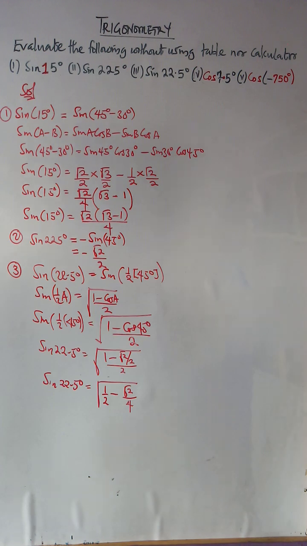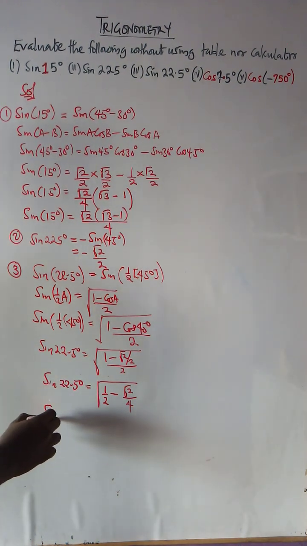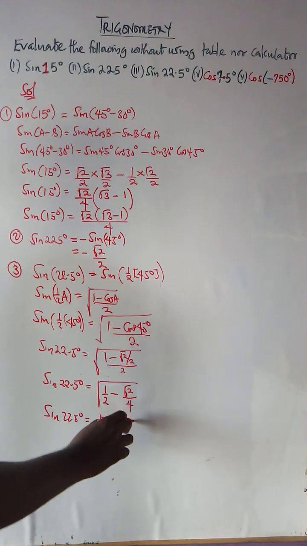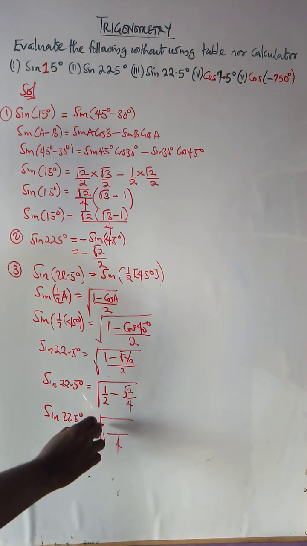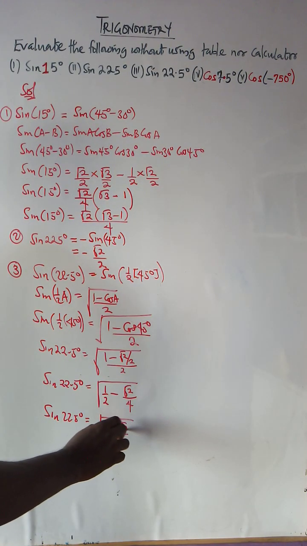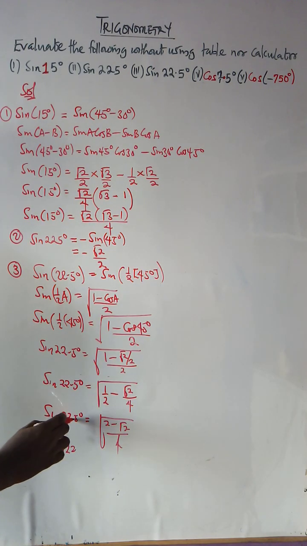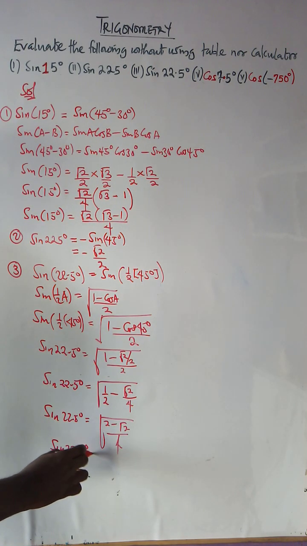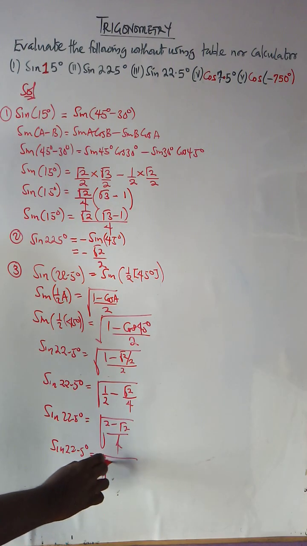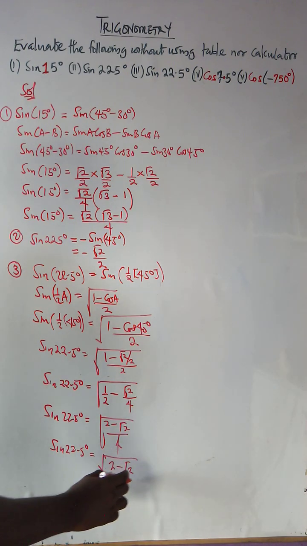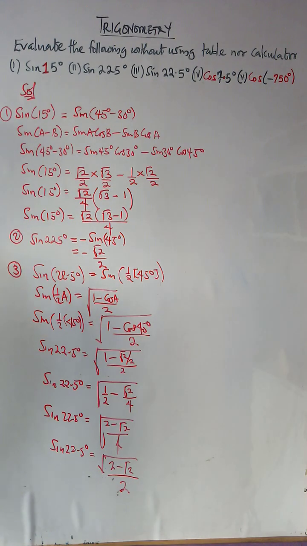We can try to simplify further. The LCM here is 4, so that will be 2 minus root 2. So sine 22.5 equals the square root of 2 minus root 2, root 4 is 2, over 2. That will be the final answer.